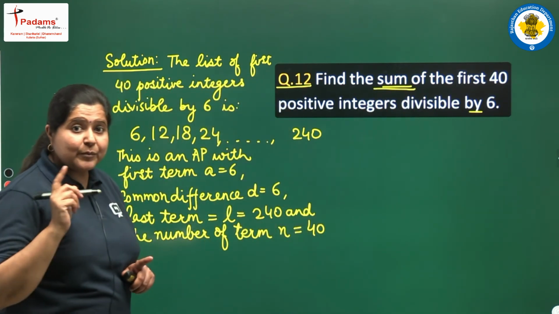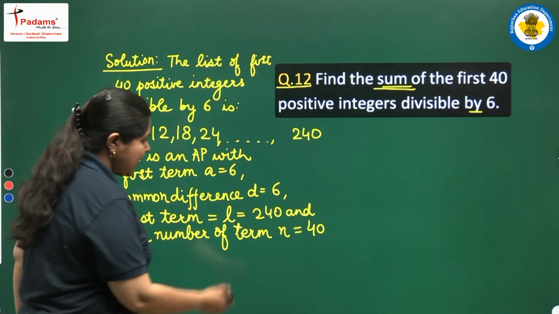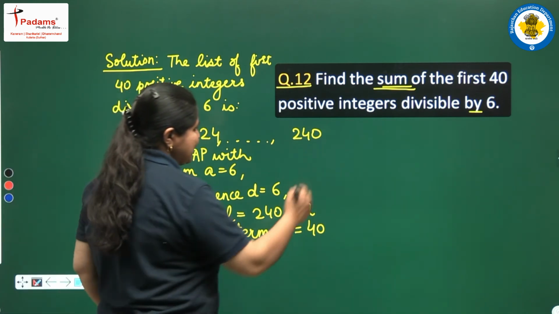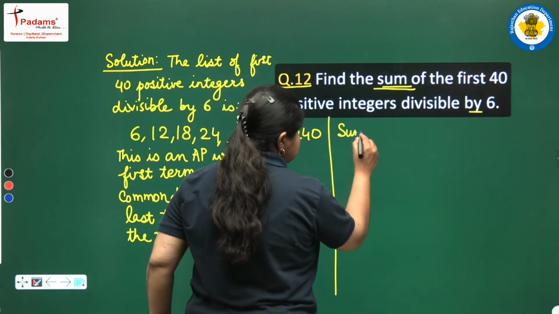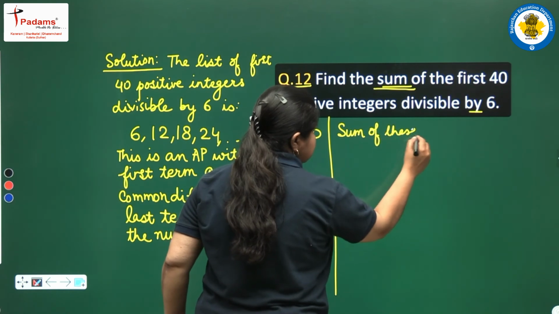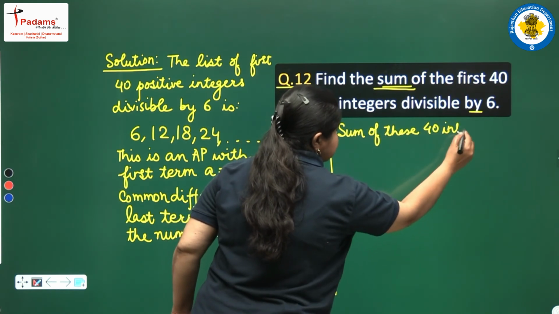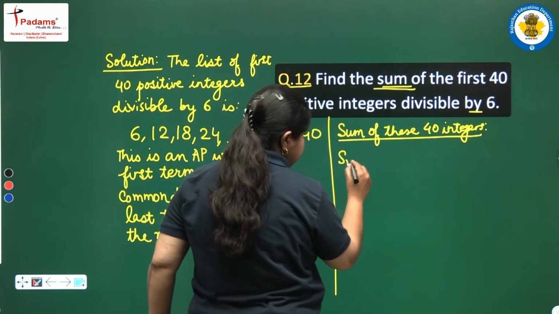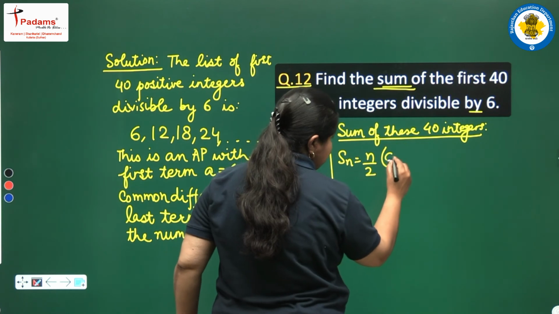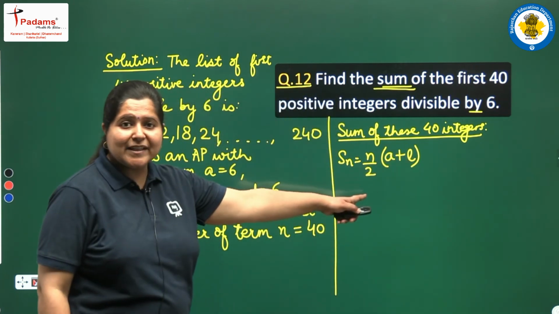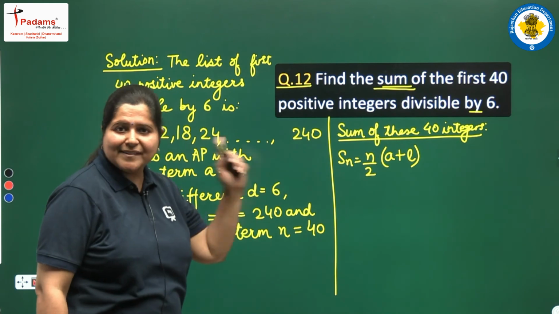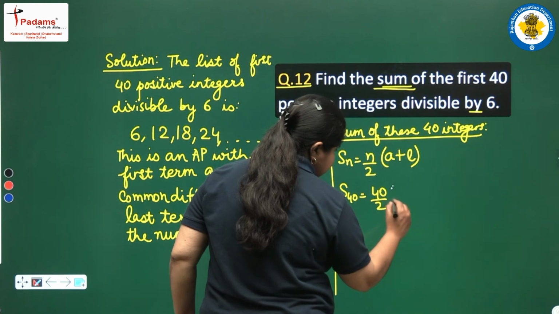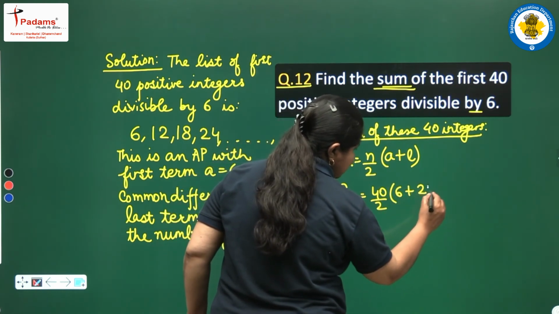For the sum, we now have to choose a formula. Which one should we take? Here we know the first term and the last term, so obviously we should take the formula. Let us write it here. Sum of these 40 integers, we will find it here. We know that for an AP, Sn is given by n by 2 into A plus L. We use this formula because we know both the first term and the last term. So here we write S40 equal to 40 upon 2 into A is 6 and L is 240.